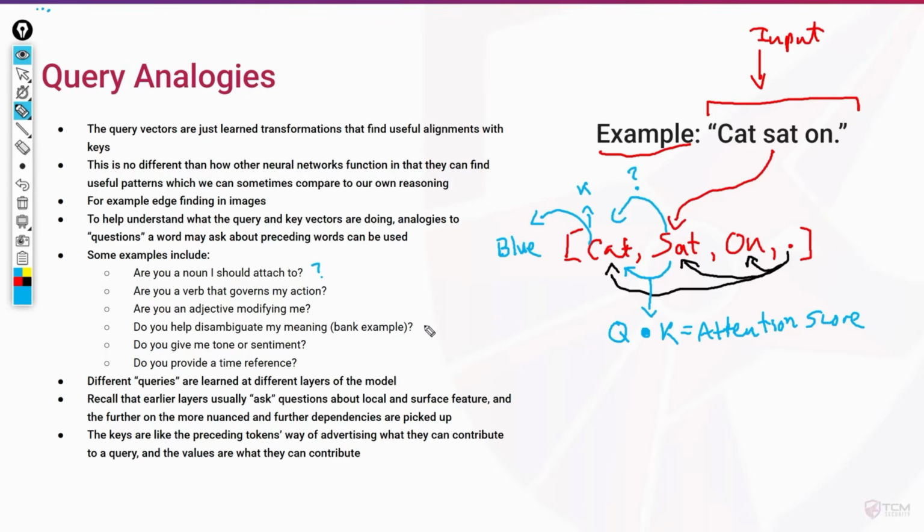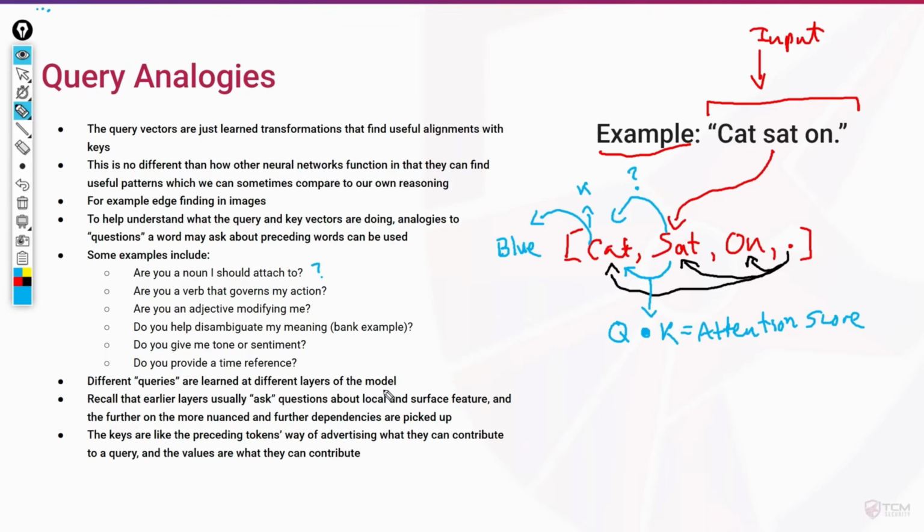So if you think back to the bank example, when we had River in front of one of the banks, you'll notice that it was paying more attention to that because River would have said, yes, I do actually do that. And then, further down in the layers, you can get even more nuanced things like, do you give me tone or sentiment? Do you provide a time reference? So different queries are actually learned at different layers of the model.